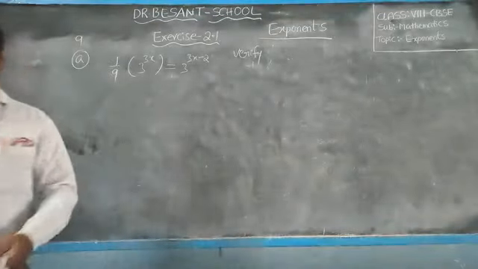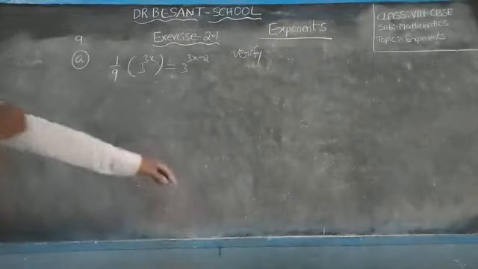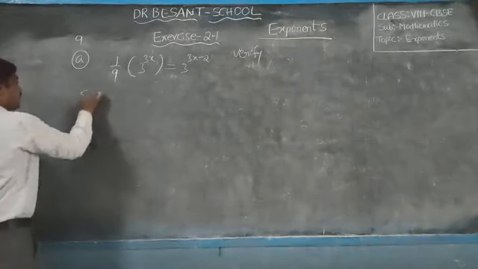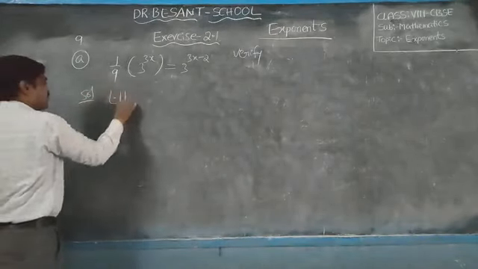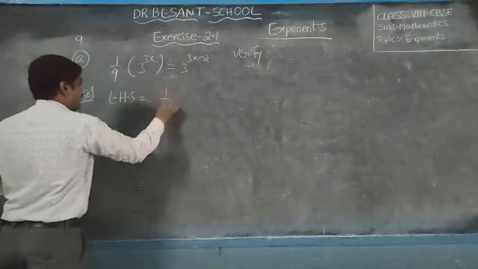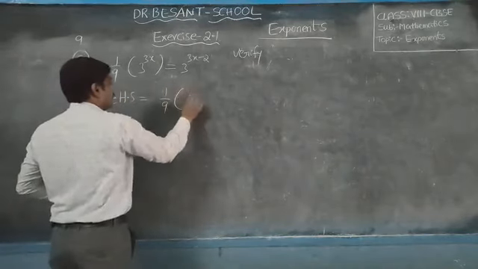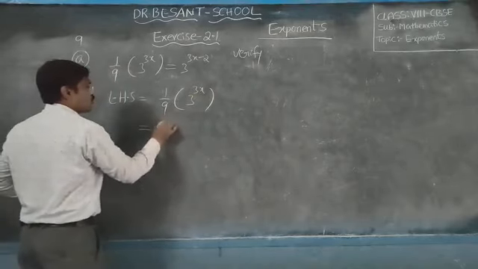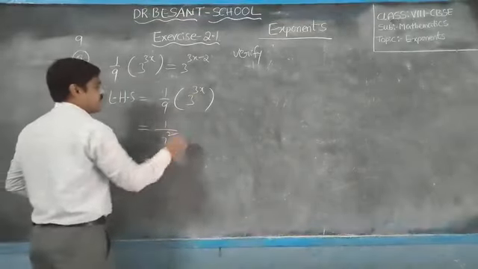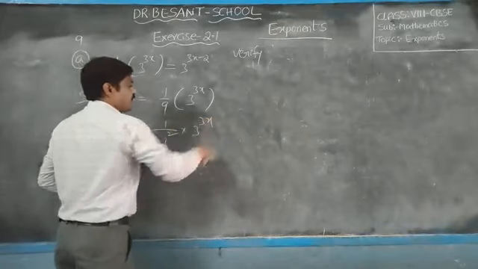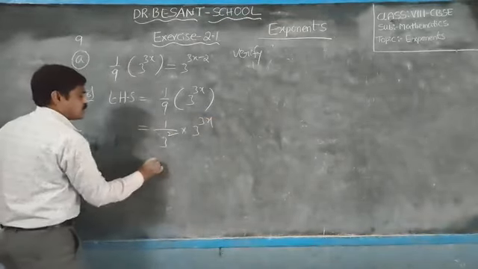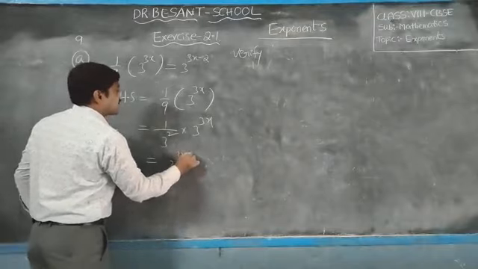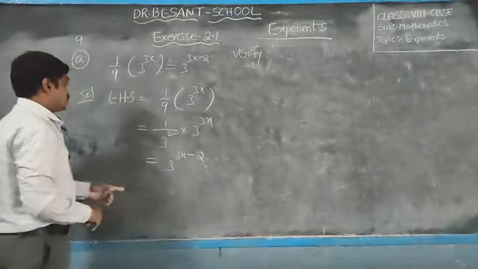So first of all, LHS is equal to 1 by 9 into 3 power 3x. So that is equal to 1 by 3 square into 3 power 3x. So that is equal to 3 power 3x minus 2.